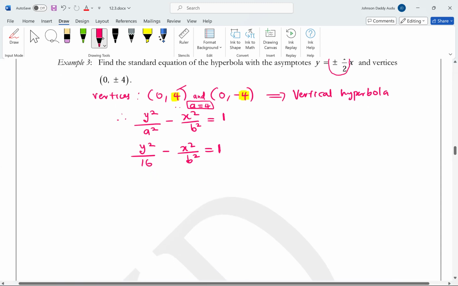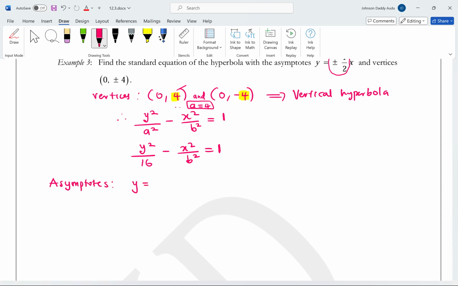All right. Now, how do we get B? We can get B from the asymptotes. Asymptotes is y equals plus minus half x. Now, since it's a vertical hyperbola, how do you find the asymptote? The asymptote is simply y equals plus minus a over b, x. Now, this simply means that a over b is going to be half.